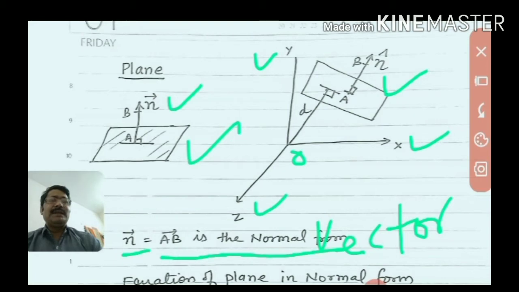So this plane has the normal vector n, and for that you will find the unit vector, that is called n cap. And this d is the perpendicular distance from the origin. If you have a normal vector and a perpendicular distance from the origin, then we can find the equation of the plane.